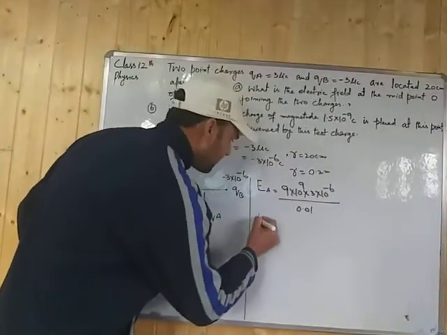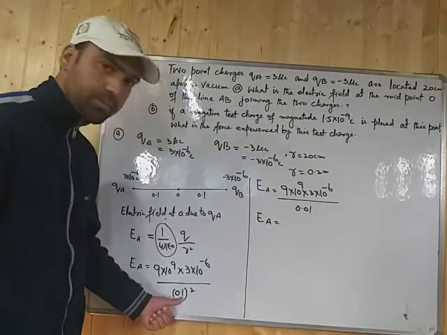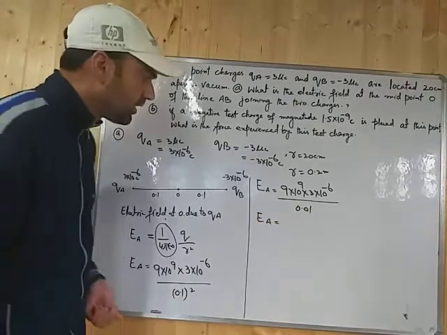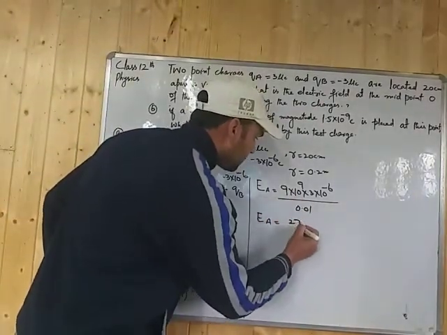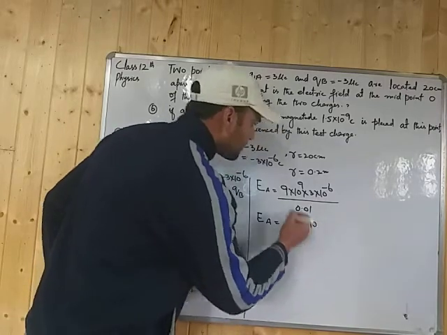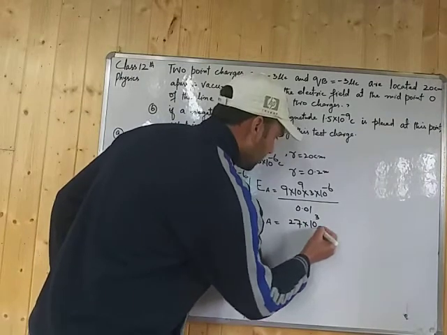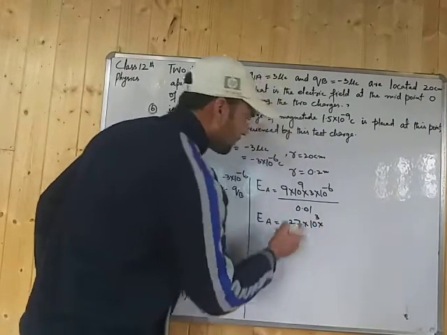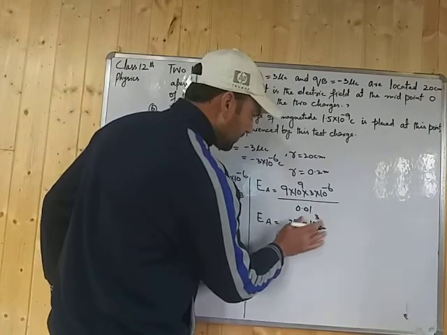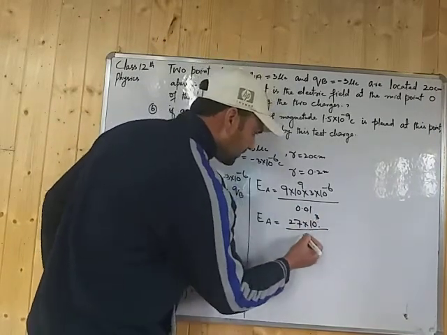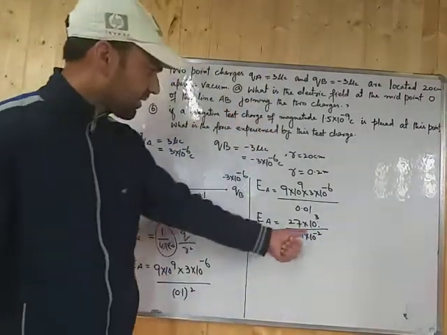Or we can write EA is equal to, so here 0.1 into 0.1, that is 0.01. So this will be 27 into 10 raised to power 3, into 1 into 10 raised to power minus 2.